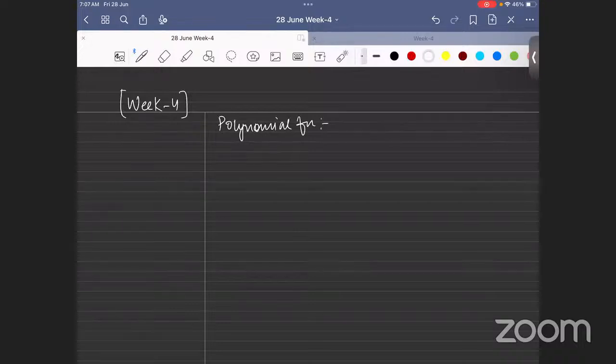The definition is pretty simple: any mathematical expression that consists of n mathematical terms that have been added together.